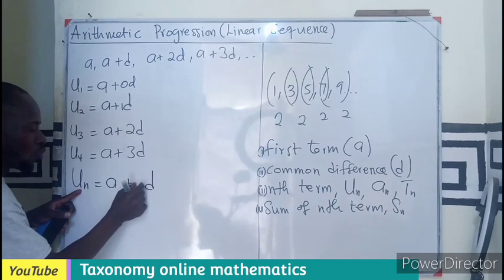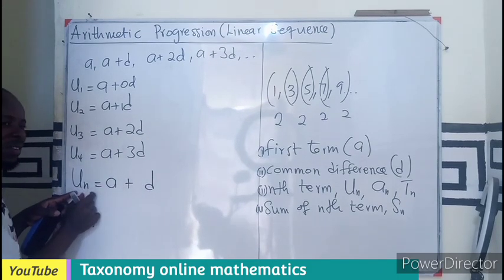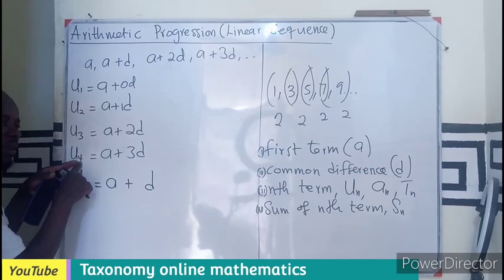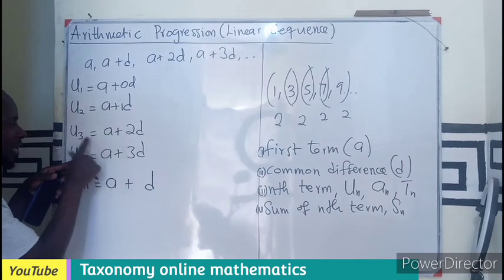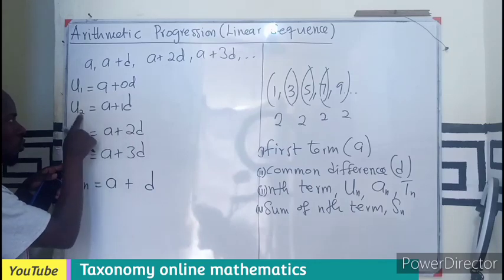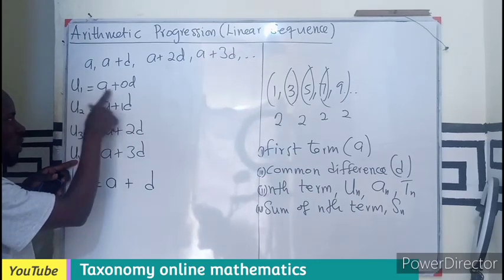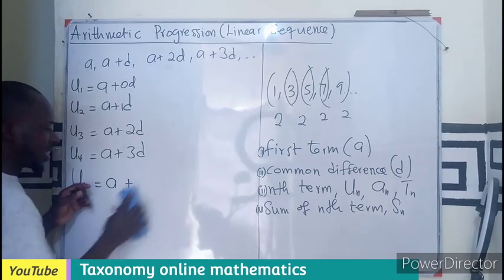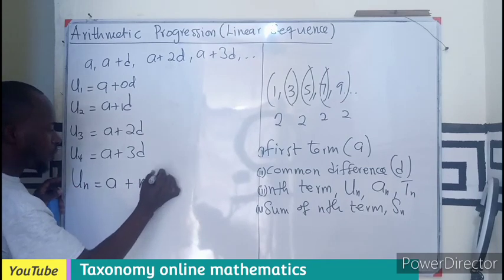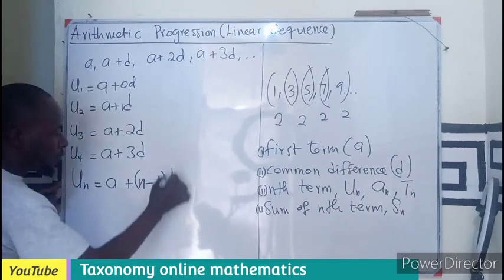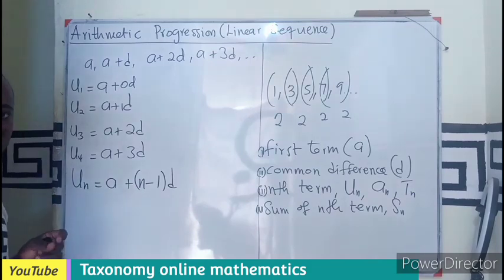Either I add 1 to whatever is here to give me this, or I subtract 1 from this. 4 minus 1, 3. 3 minus 1, 2. 2 minus 1, 1. 1 minus 1, 0. So I need to subtract 1 from the n before I multiply by the common difference.